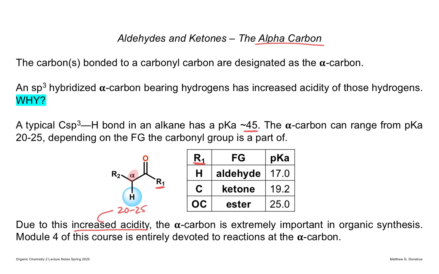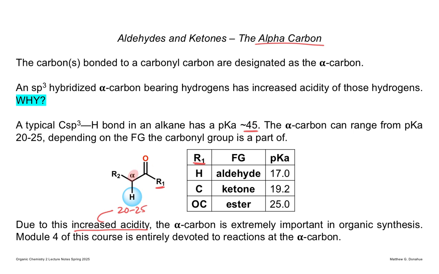We'll circle back to the acidity part more in Module 4. Essentially, you see that H with the blue highlight. In Module 4, all we're doing is substituting it, taking H to something else. But for the Baeyer-Villiger, we need to know the subtle differences of alpha carbons.